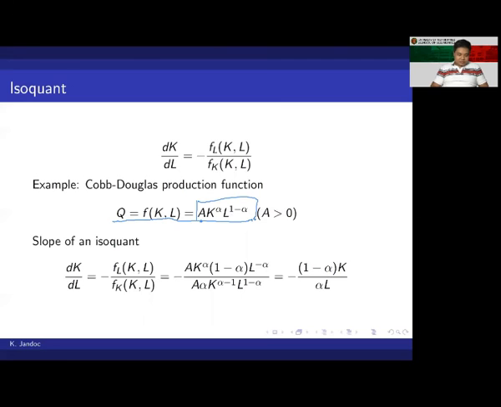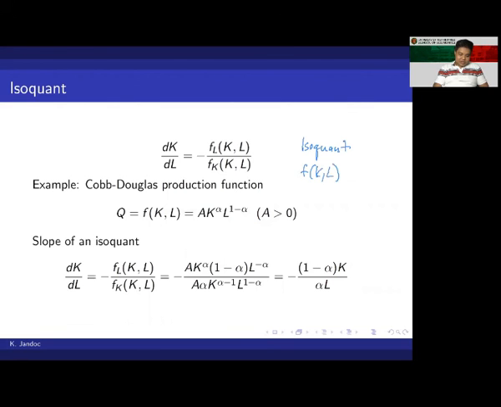Okay, so again, if you were to have a level curve, which is the isoquant, it is defined by a particular output level.